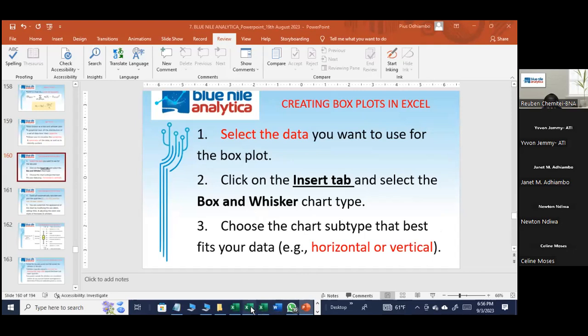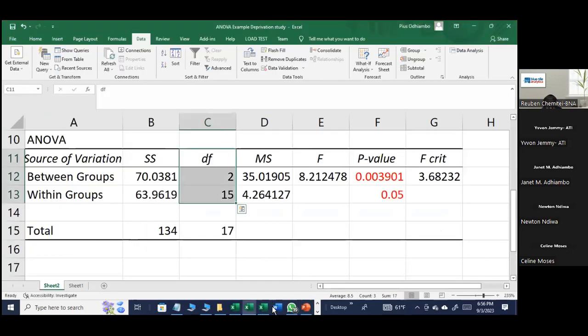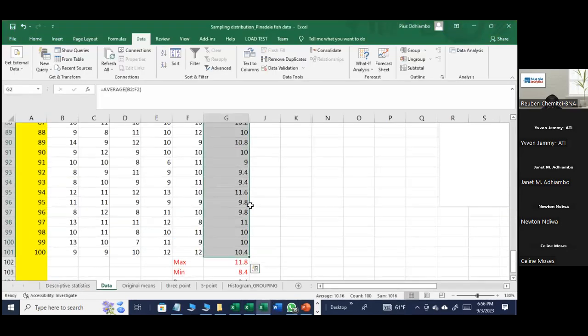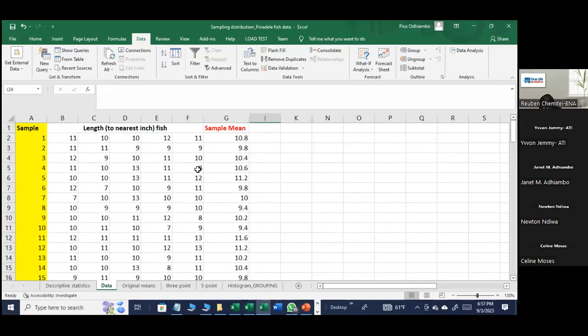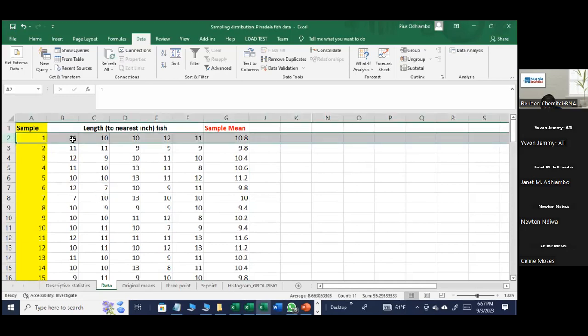So what I have is this is the data here. So I was saying that this is the first fish, the first child here. Taking the first fish, the second fish, third fish, fourth and fifth. So every child was picking, or every person was picking 5 fish and then measuring the length.